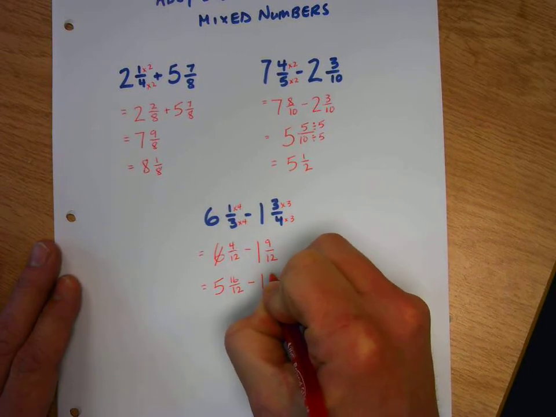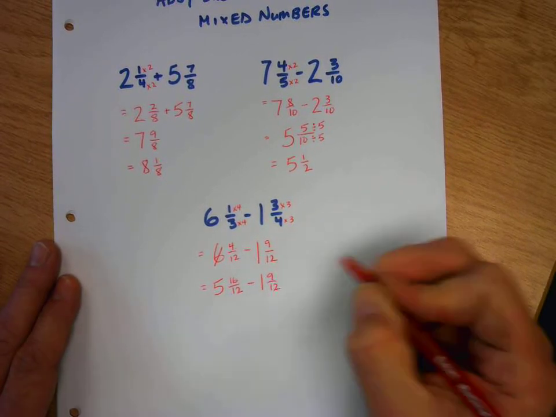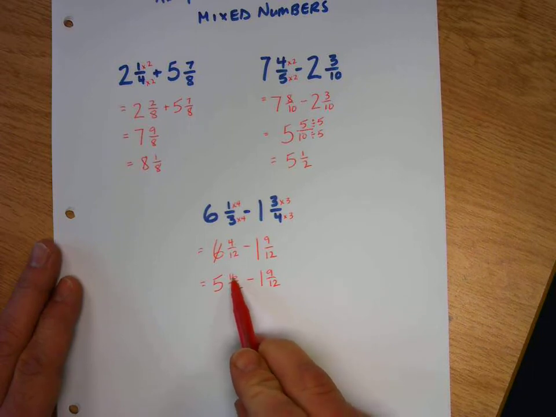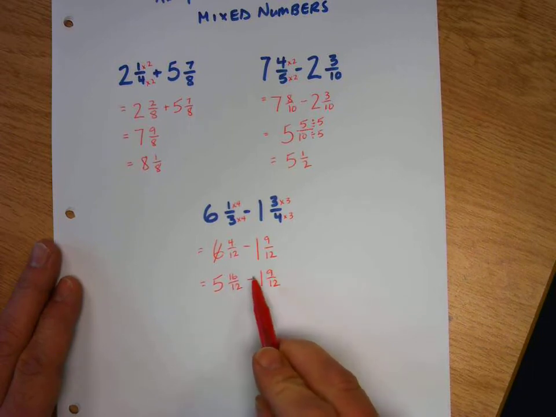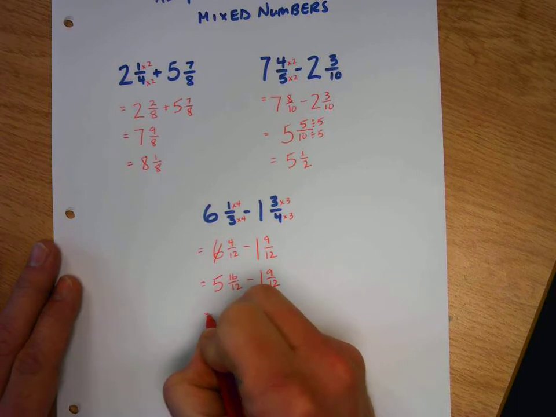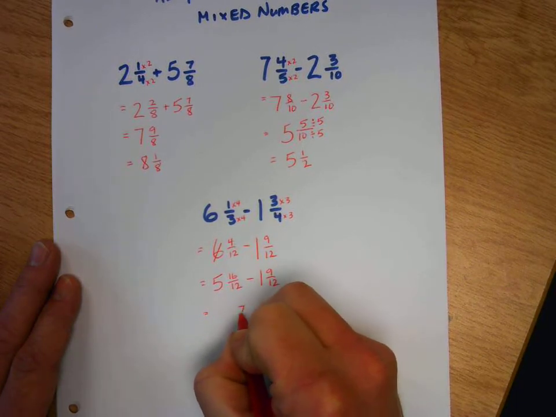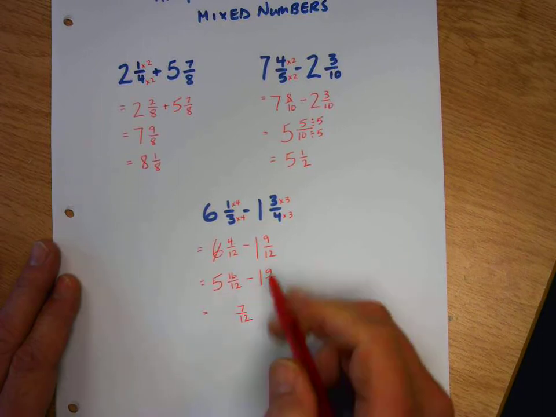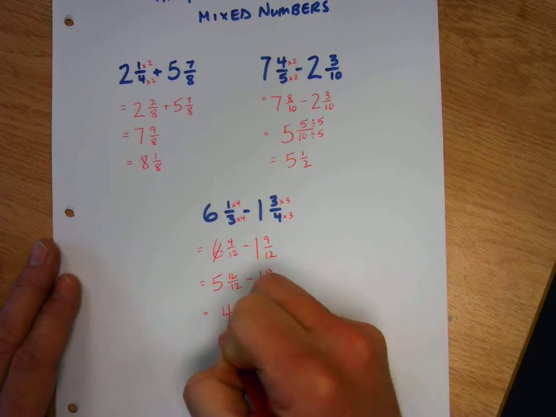Subtract 1 9/12. Now, as we look at the numerators, we notice we could conduct 16 subtract 9, or taking away 9 from 16. That would actually leave us with 7 over 12, and then in the whole numbers, 5 subtract 1 would simply be 4.